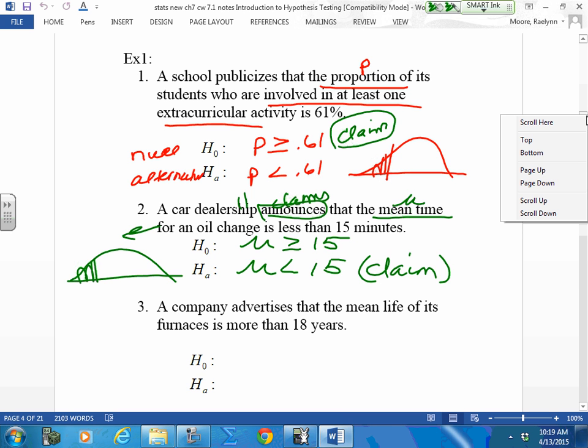This was the HA given to you. So it shows us that the claim could be either one, the null or the alternative. The sketch always goes by your HA. It always has the one that doesn't have the equal sign. I know this is a lot to get, and your heads are spinning saying, what is she talking about? But stay with me.